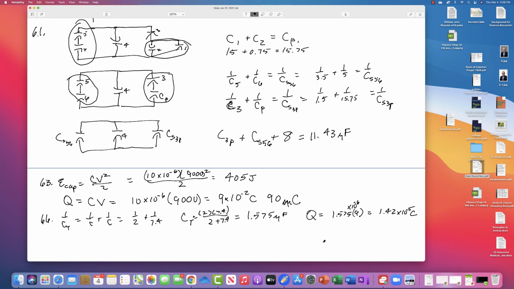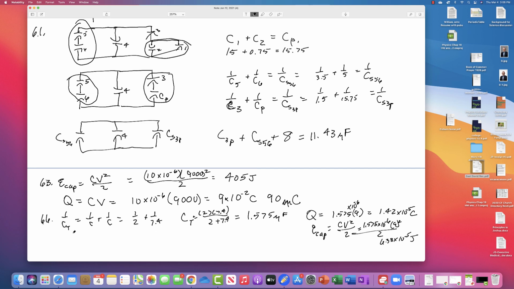And the energy for this is CV squared over 2, so it's going to be 1.575 times 10 to the minus 6 times 9 squared over 2. So that's going to be 6.38 times 10 to the minus 5 joules.